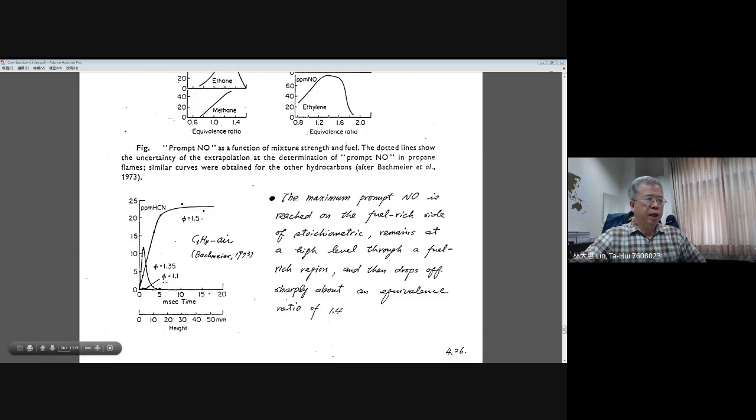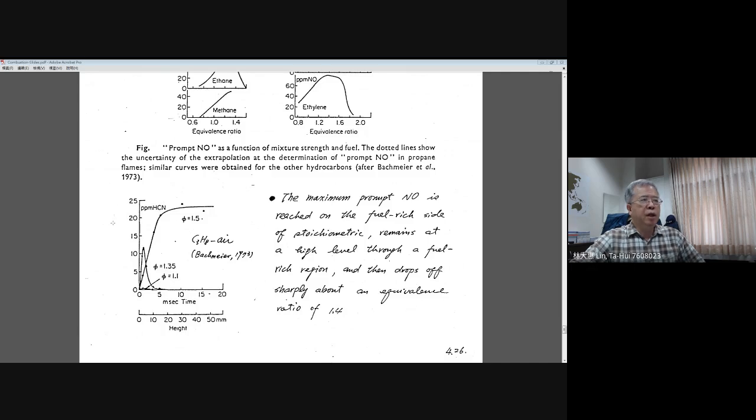Here you can see around 1.1 is not too rich, so you cannot produce enough HCN. Okay, but for the 1.35 equivalence ratio, they can produce it, but separately they will drop down because those HCN will convert to the NO. Okay, this plot just tells you the variation of the HCN concentration.